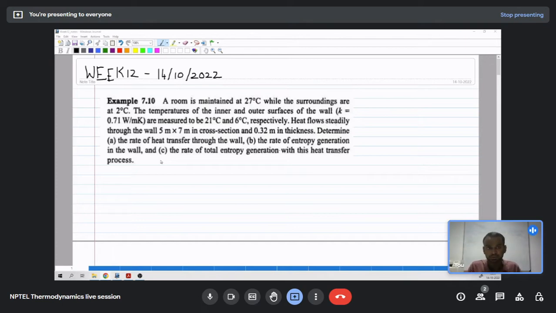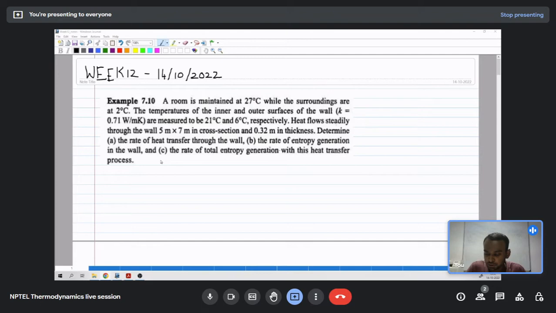The first problem is on the screen. A room is maintained at 27 degrees Celsius while the surroundings are at 2 degrees Celsius. The temperatures of the inner and outer surface of the wall, with thermal conductivity of 0.71 watt per meter Kelvin, are measured to be 21 degrees Celsius and 6 degrees Celsius respectively.